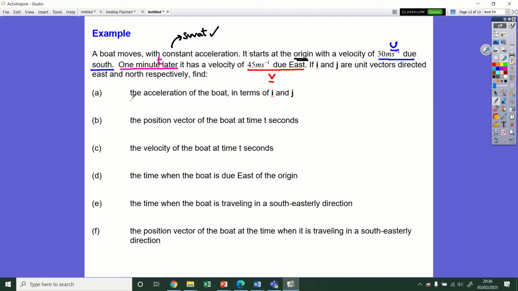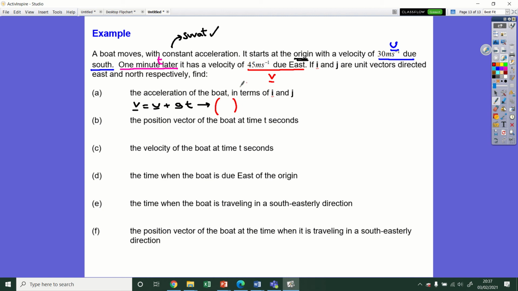Okay, firstly then, the acceleration of the boat in terms of i and j. Now I've got v, u, and t. If I want to get a, I think the best SUVAT equation to use is this one. Let's sub those in. So v is this red one here. That's going to be 45 meters per second due east.